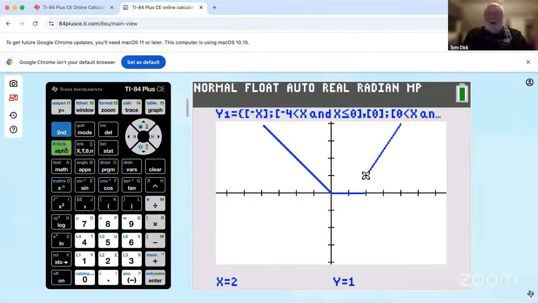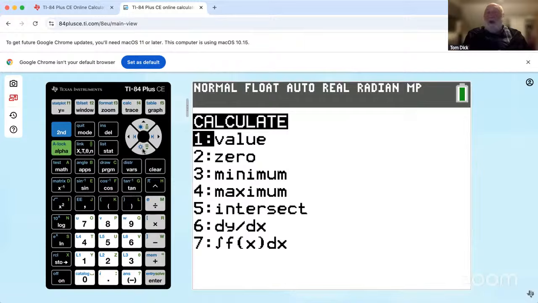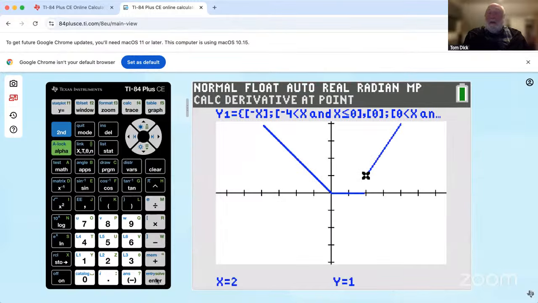Let's go to our calculate menu. We could try to calculate the derivative there. So let's go down to number 6, calculate the derivative. I'm just curious what the calculator will do, because remember on the 84, it's not able to calculate a true symbolic derivative. What it's really doing is calculating a difference quotient that has a very small increment in there. Okay, so let's just see what happens when we try to evaluate.